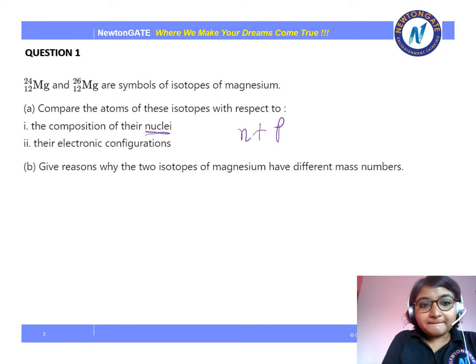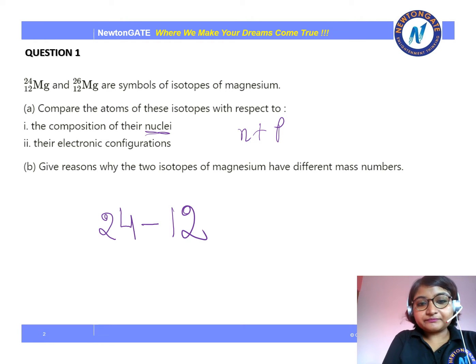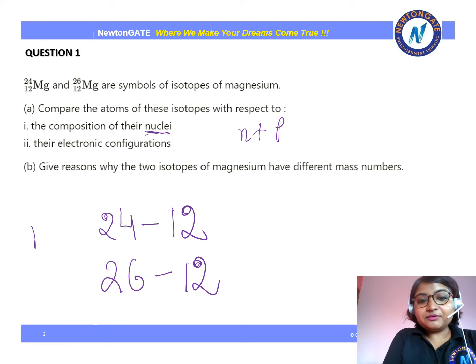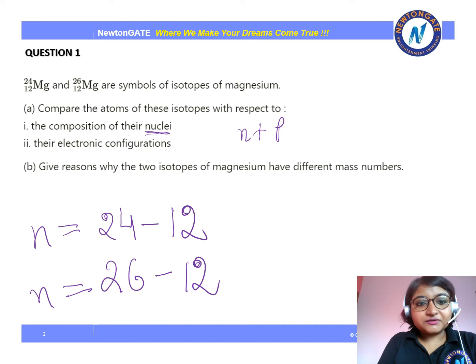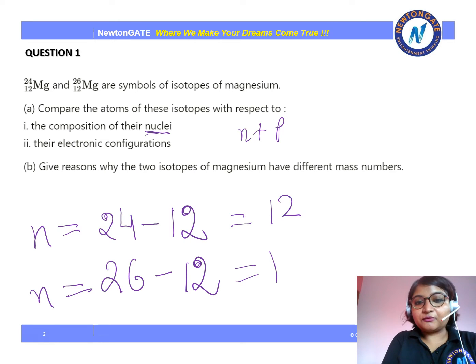So you have to subtract 24 and 12. Here 26 minus 12. This will give you the number of neutrons in each isotope of magnesium. This is 12 and this is 14.